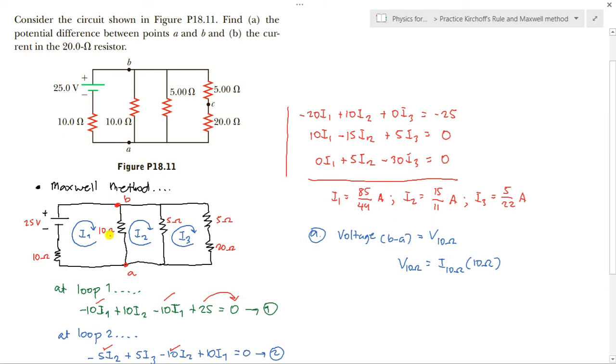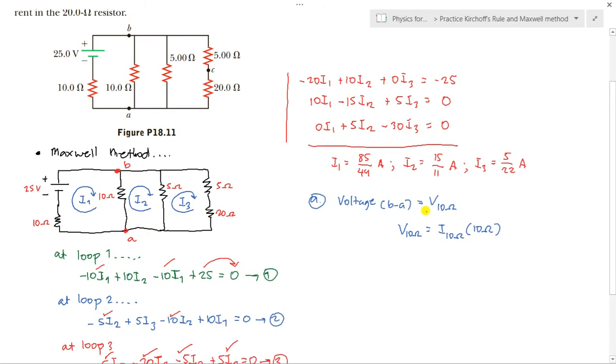Sige daw, unsa man siya? Base ato nakuha by Maxwell Method. Okay, sakto. I1 minus I2.